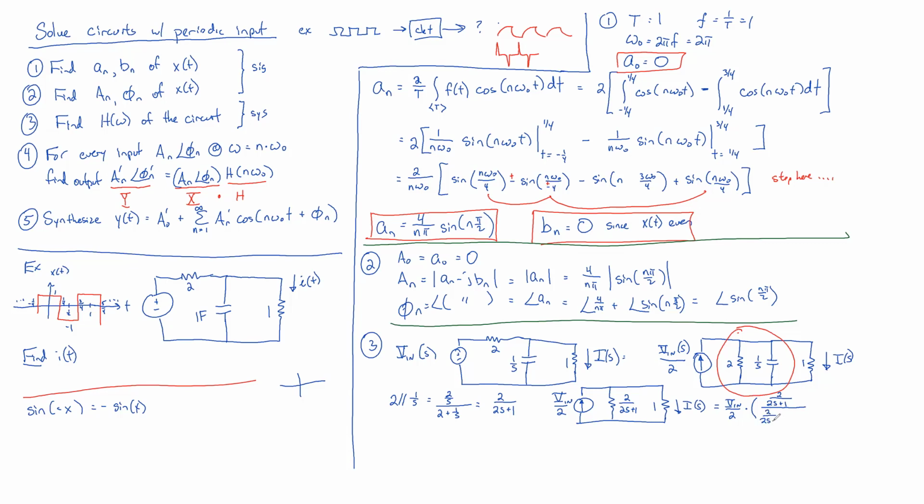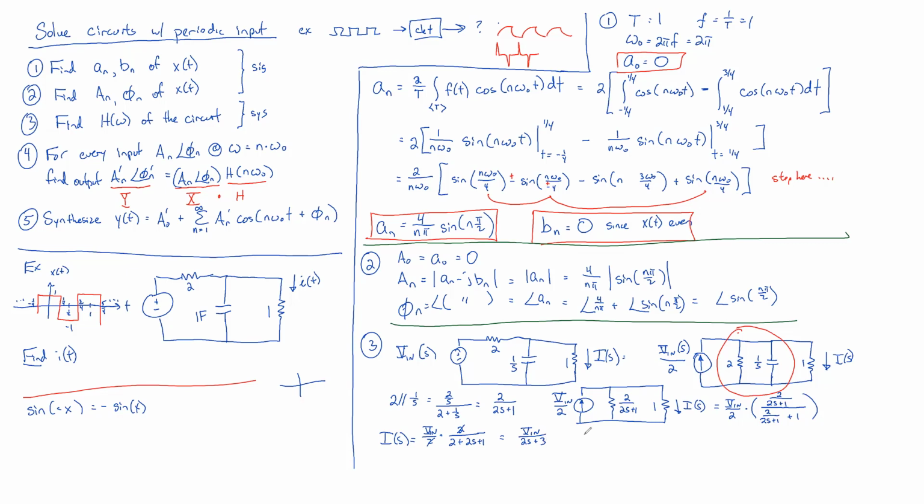Okay. So that looks pretty horrendous, right? I would definitely multiply the top and bottom of this equation by 2s plus 1 to say that I of s is equal to Vn over 2 times 2 over 2 plus 2s plus 1. And the 2's cancel. And now I get I of s is equal to Vn over 2s plus 3.